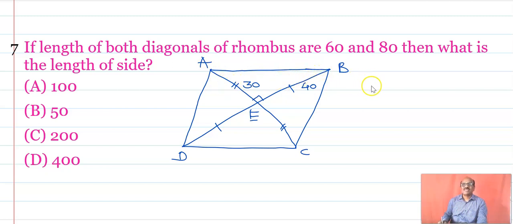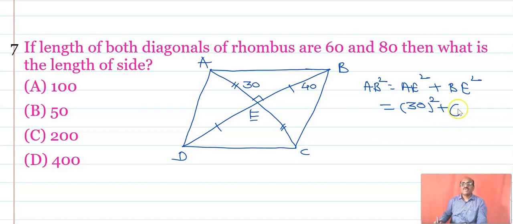मग 30 चा square किती येणार? That is I will write here AB square is equals to, orally the answer, AB square is equals to AE square plus BE square. Okay. Then what is the value of AE? AE is 30 square and BE is 40. 30 square means what? 900. 40 square means what? 1600.